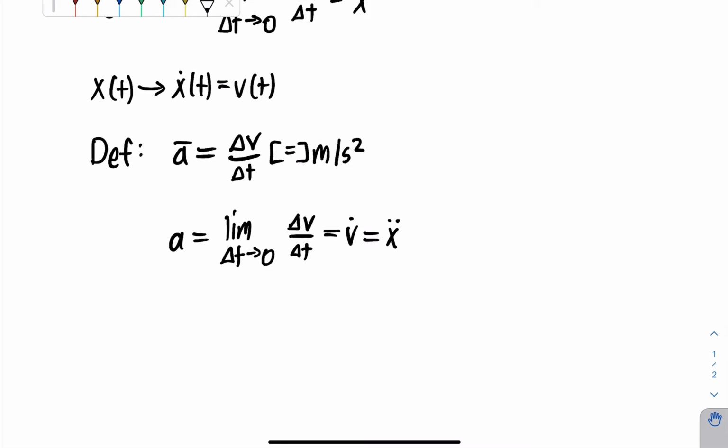So now we have our full definition. If I have x of t, I can go to v of t by differentiating, and I differentiate again, and I get a of t. So differentiating will bring us from a position function to a velocity function to an acceleration function.